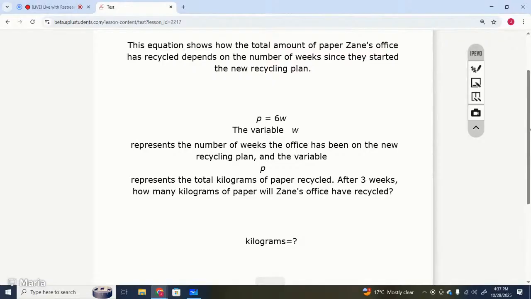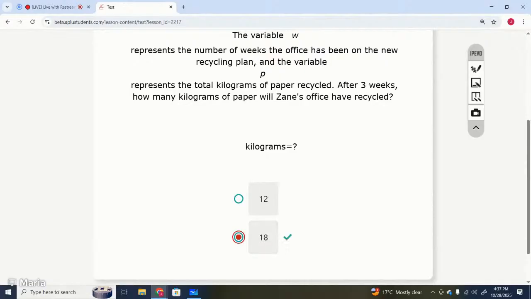So after 3 weeks, W equals 3. That is 18, 6W. Option number 2 is the correct option.